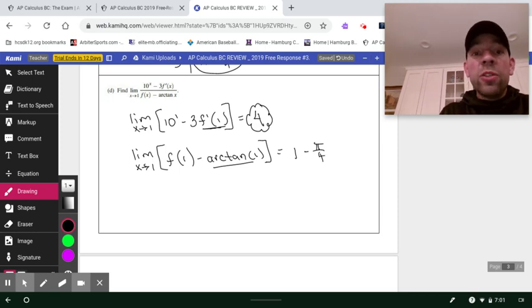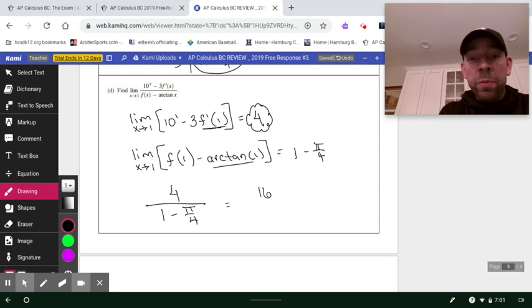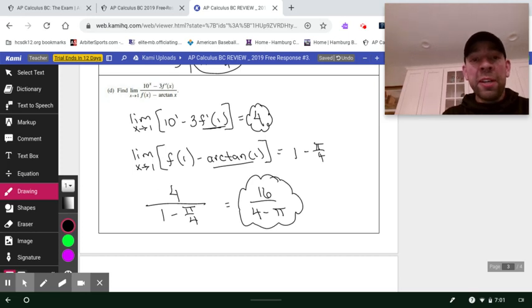So if I stack these up, the limit is going to be 4 over 1 minus pi over 4. If you want to clean up that complex fraction, we'll multiply every term by 4, and we'll get this bear. So here's my limit, one of the very first limits I've done in a long time that did not require L'Hopital's rule. And again, just to remind you, our first option is always going to be direct substitution.